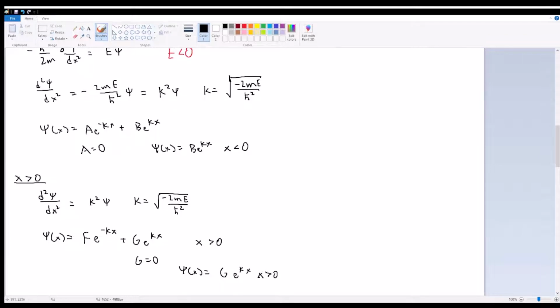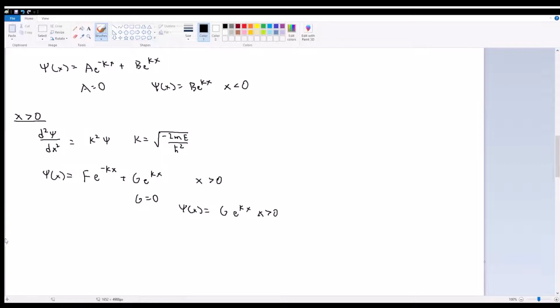So what we have now is this piecewise function, where psi of x is equal to b e to the kx when x is less than 0, and my apologies, I just realized I wrote this wrong. g is 0, so the one that's non-zero is f, so it's f e to the negative kx when x is greater than 0.